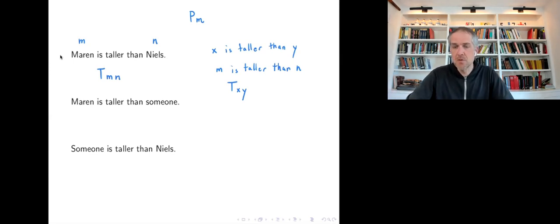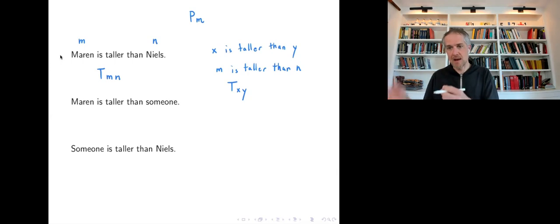Okay, but let's move on. Where it gets interesting is where we put quantifiers together with relation symbols. For example, Maren is taller than someone. Well, "someone" is not a name; logically speaking, you can't use it as one. So we paraphrase this first: there is somebody such that Maren is taller than that person.